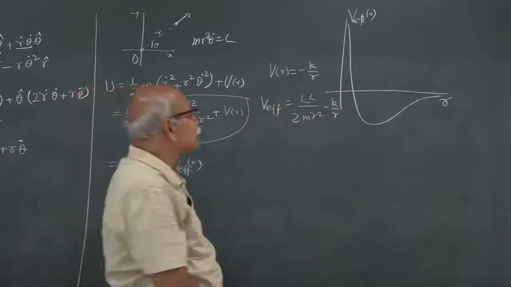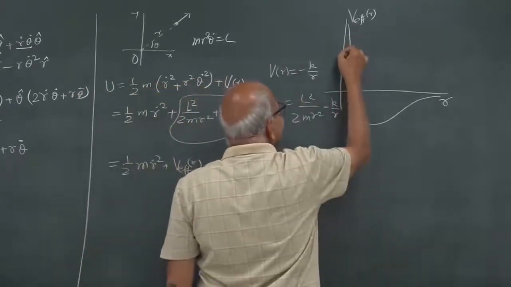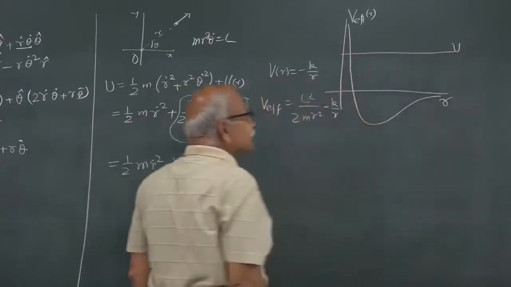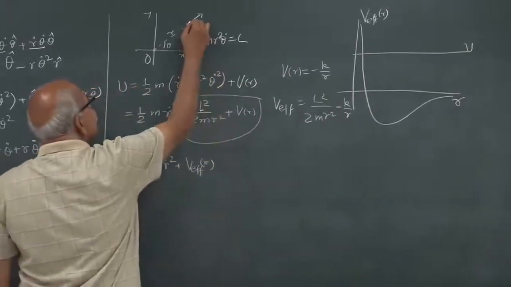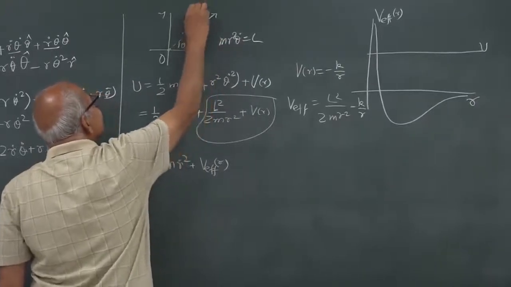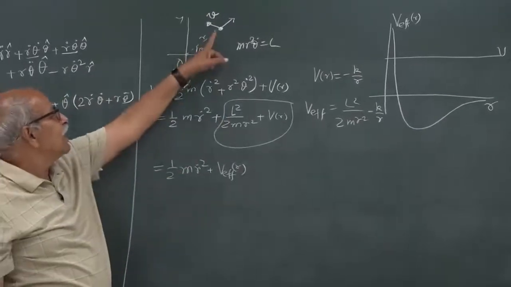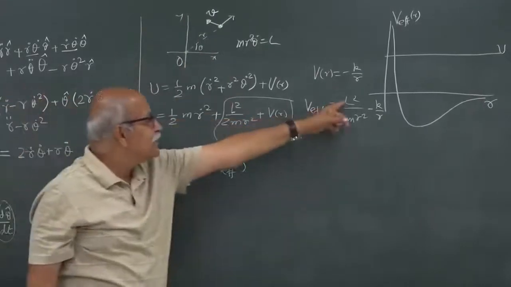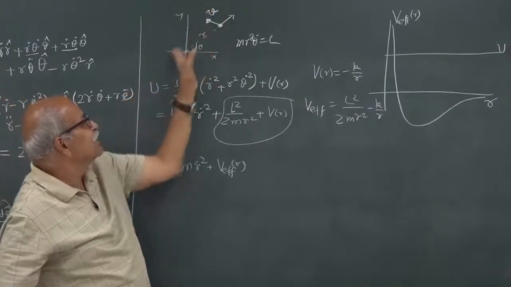Now, the total energy U, I can write on this scale. So, suppose this is the total energy, this is that line, total energy is here. So, you have this particle and this particle has got some velocity at this time, let us say this is the velocity. In this direction it has some magnitude, there is some r here, and at that time it will have some angular momentum L, and the total energy depending on this kinetic energy plus minus k by r.